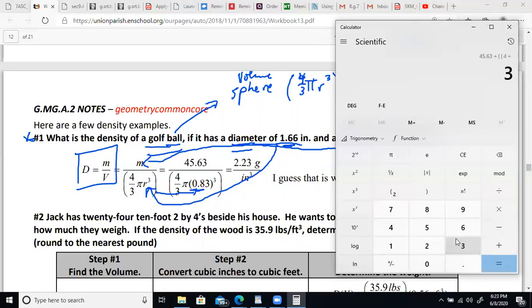So calculate that, and then multiply that times 3.14 times 0.83 to the third power. Close the parentheses and then enter. Oops, it already calculated it before that. Can I undo what I did?